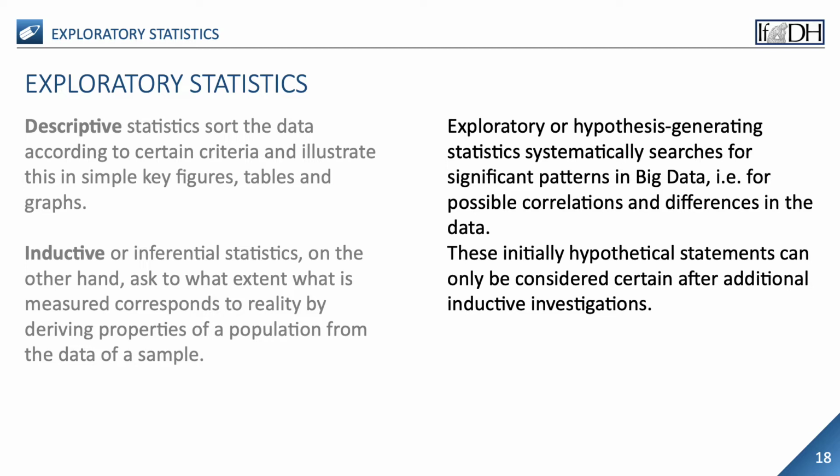It systematically and independently of an initial hypothesis searches for significant patterns in big data, for example, for possible correlations and differences in the data. In other words, one asks what is characteristic or unusual about the distribution of a feature. These hypothetical statements, usually based on sample data, must then be made probable with the help of inductive statistics.